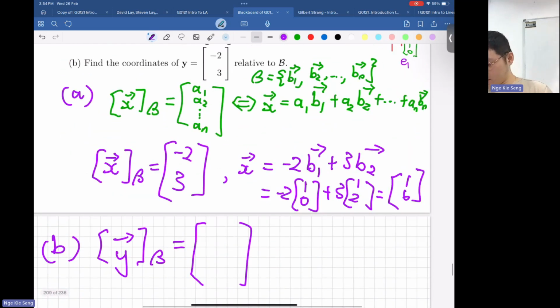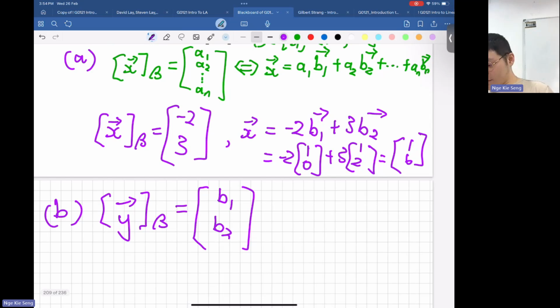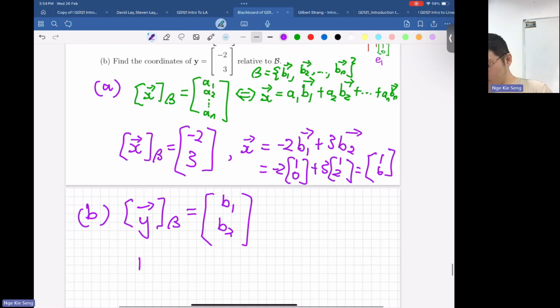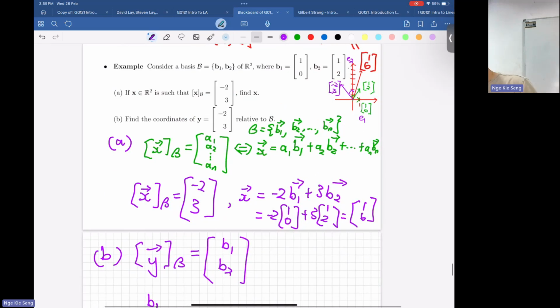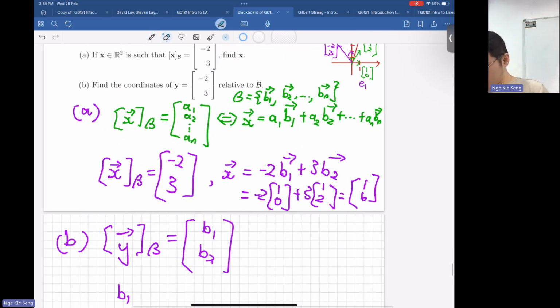Let's call them C1 and C2, since I used the same notation before.